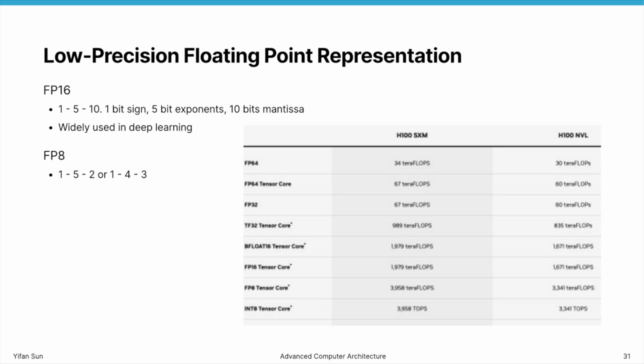Then FP32 is much higher. Then the FP16 tensor core is about twice the value. FP8 is again twice the value of FP16. This is how these systems are typically configured in GPUs. As we go with half the length of the floating point number, we double the calculation capability.